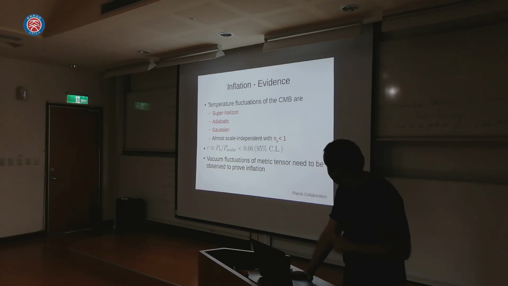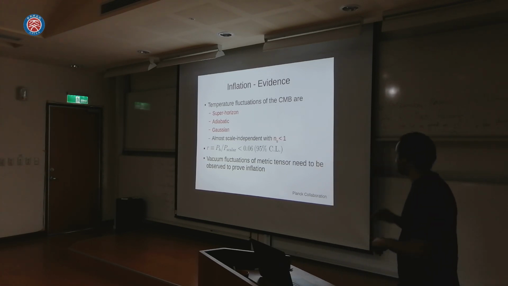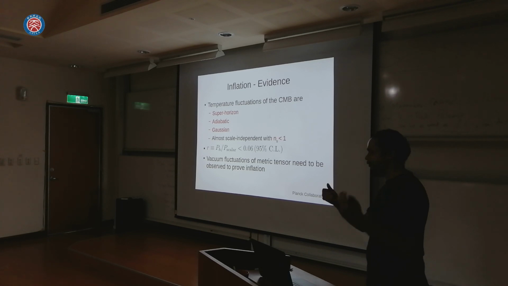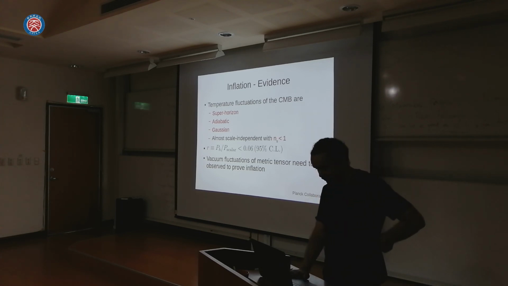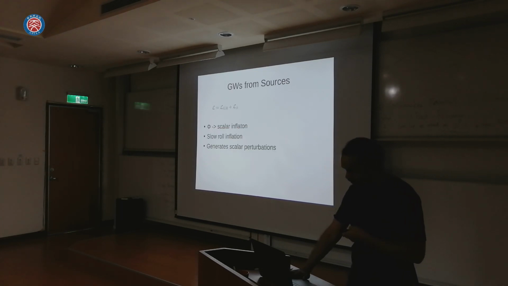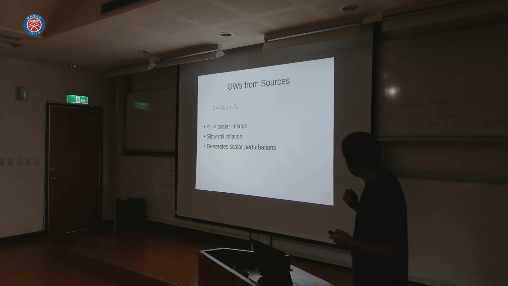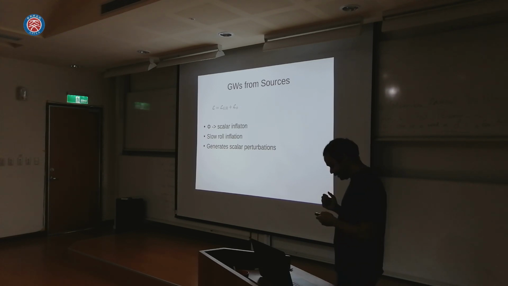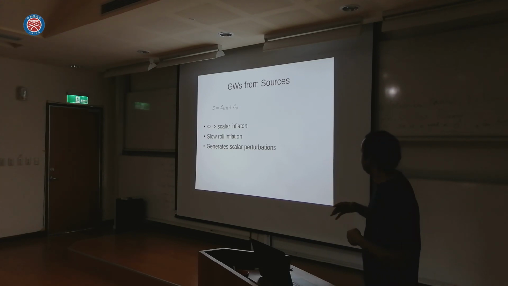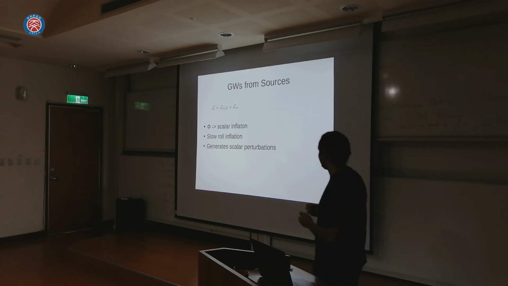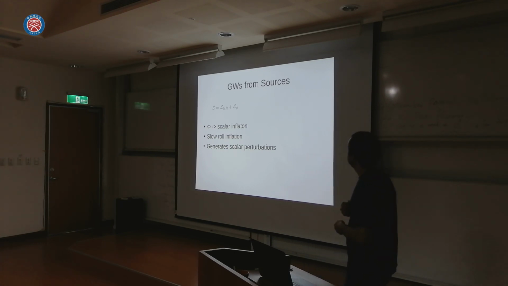Okay, so now this is all the story for vacuum fluctuations. Until now we haven't assumed anything about what kind of fields or particles are present during inflation. But maybe let's now try and fix that with the help of an illustrative model. So let's say we have inflation and the universe is expanding at this exponential rate.